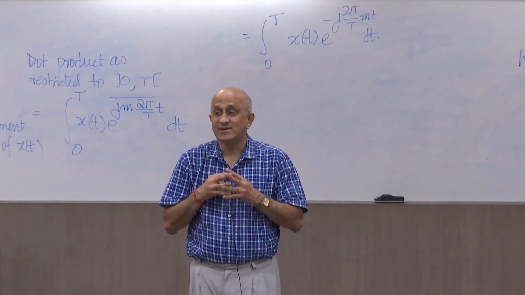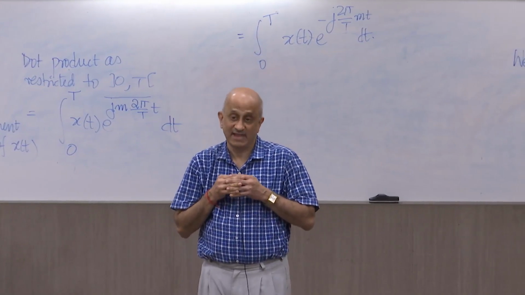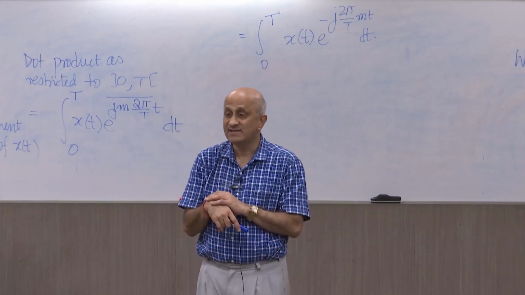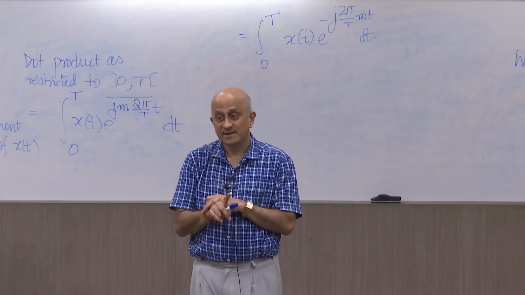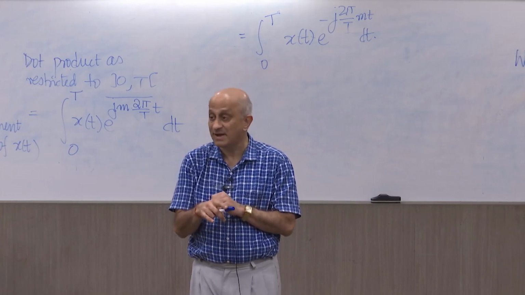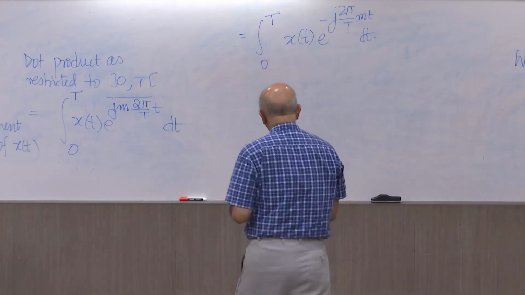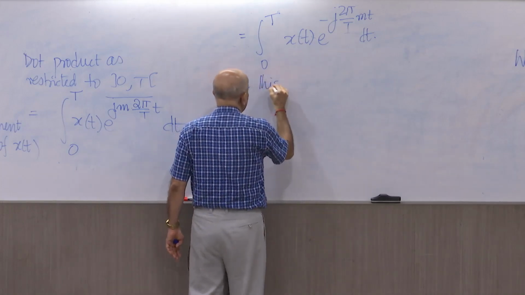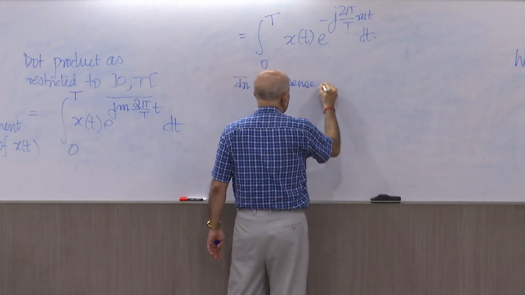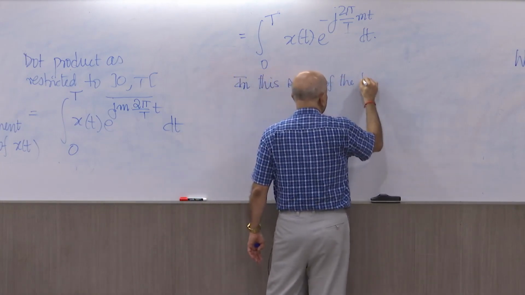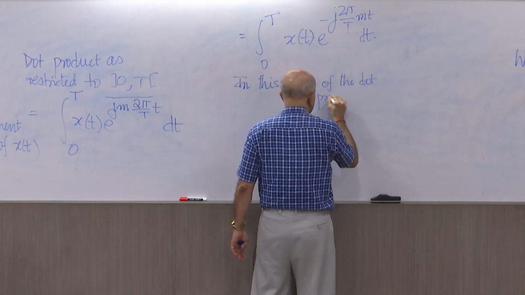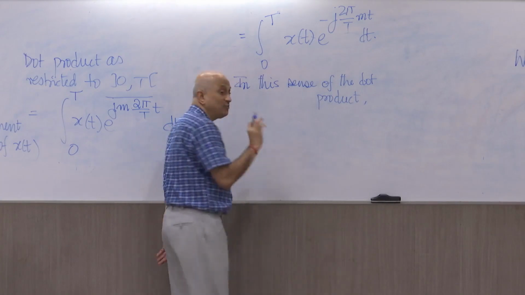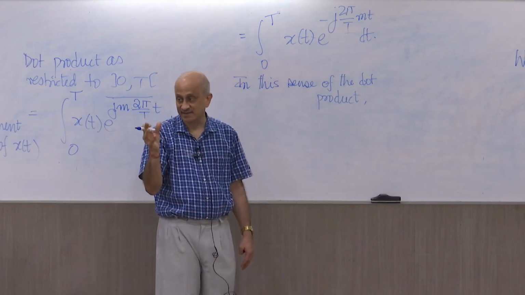Now, let us investigate one very interesting property of these phasors, this restricted class of phasors that we have. Here the phasors are all in multiples of angular frequencies which are multiples of 2 pi by T. Is that right? So let's take a dot product between two of them in this sense of the dot product. Let us take the dot product of two such phasors, okay.